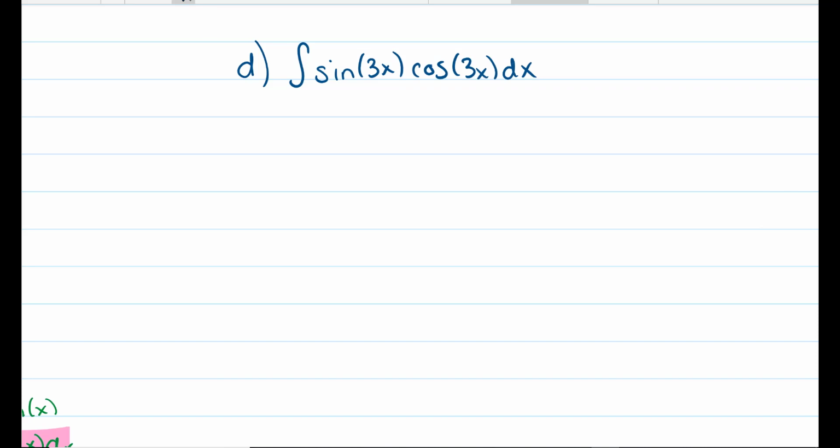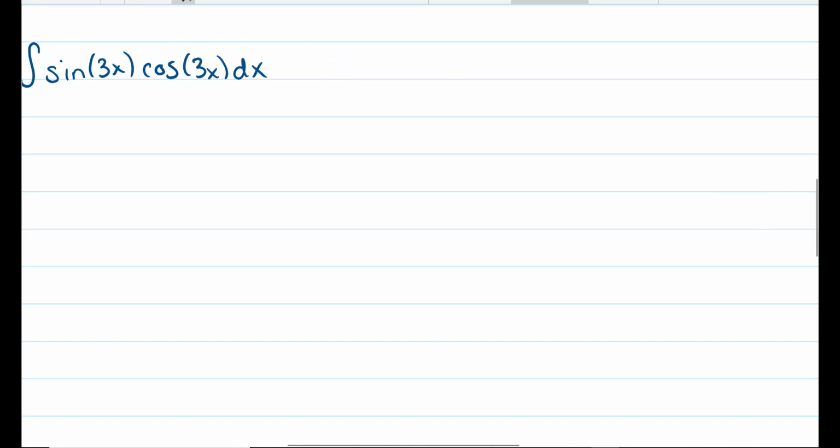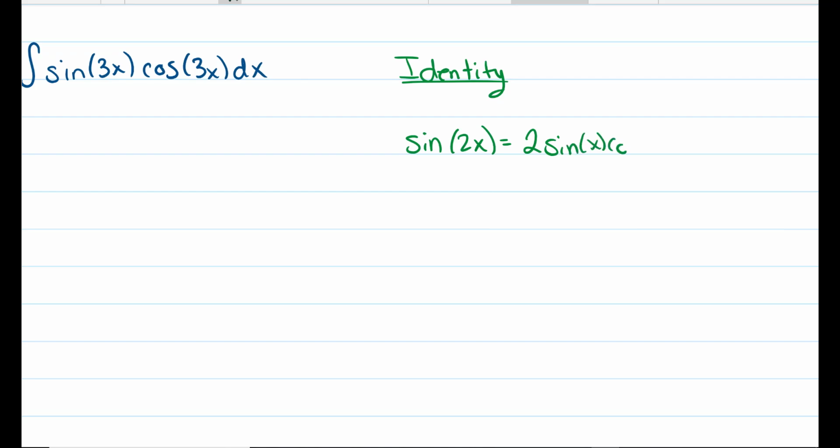So what I need to do then is use a trig identity. And here is the trig identity. This is a double angle formula that you need to know. So we know sine of 2x is equal to 2 sine of x cosine of x.